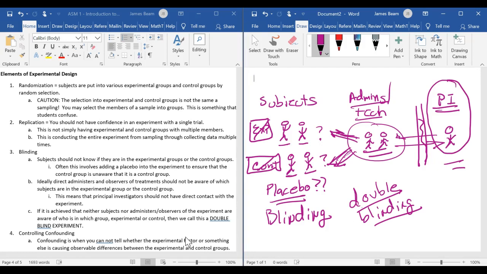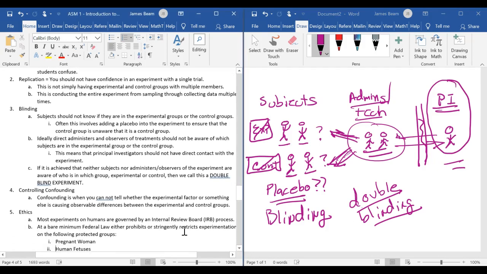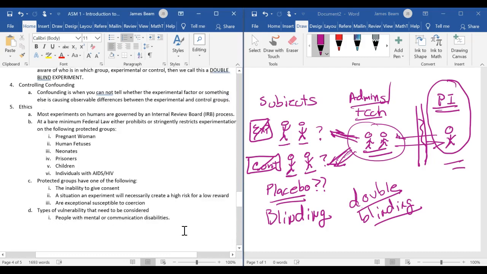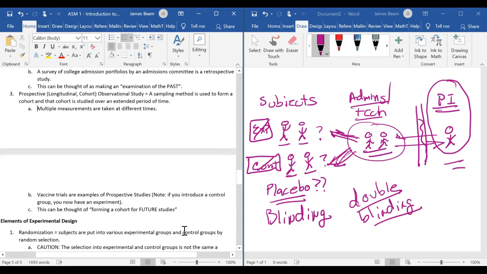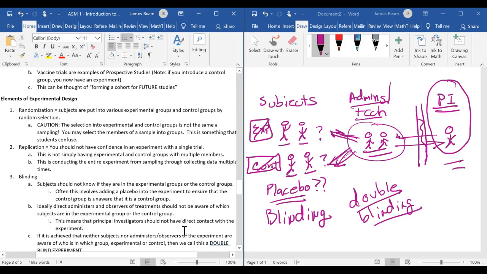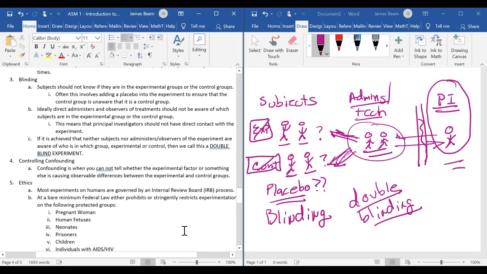Let's talk about confounding. We want to control confounding in an experiment. All right, so there we go. Confounding is when a factor gets introduced and you can't tell whether that factor is causing it or something else.